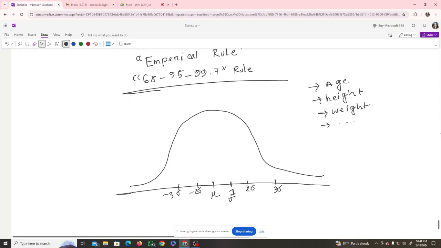These examples fall under the normal distribution. So what does this empirical rule mean? If we take one standard deviation, sorry, I just wrote a bit wrong information here. This should be -2 and this should be -3 standard deviation.